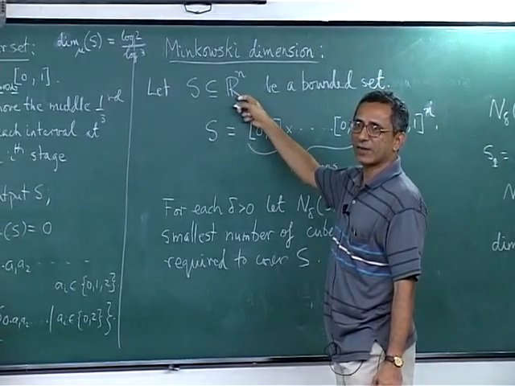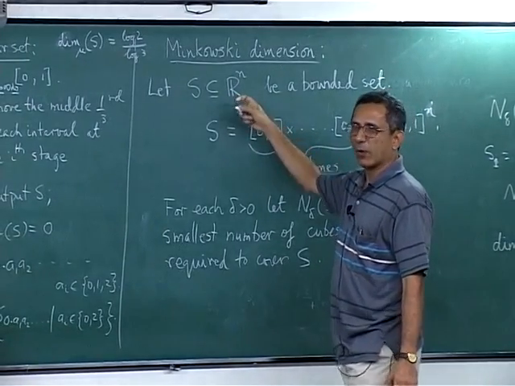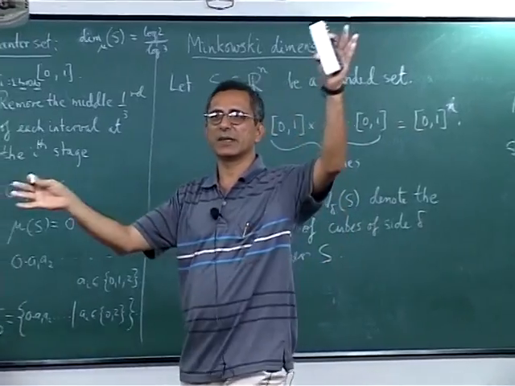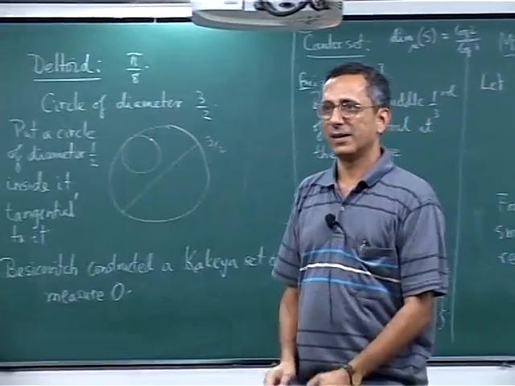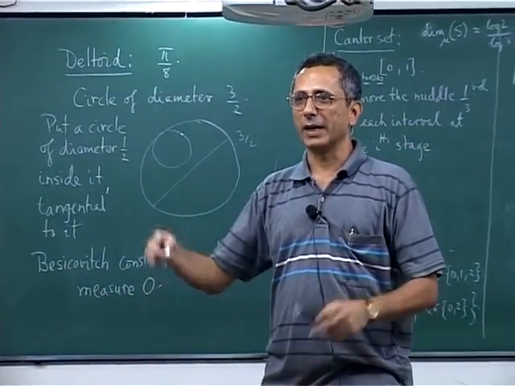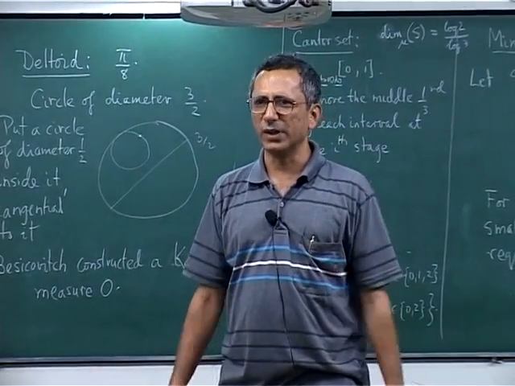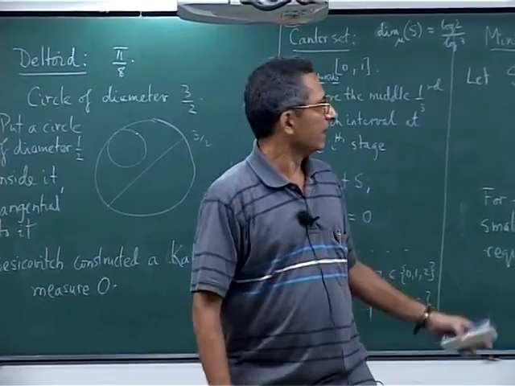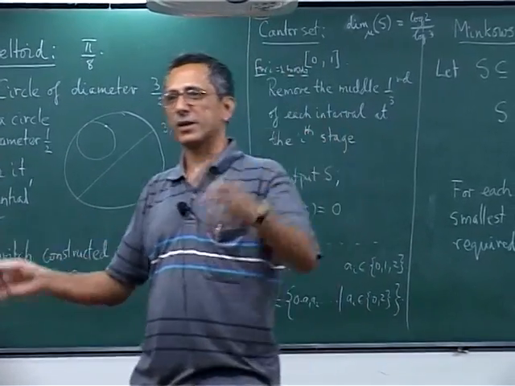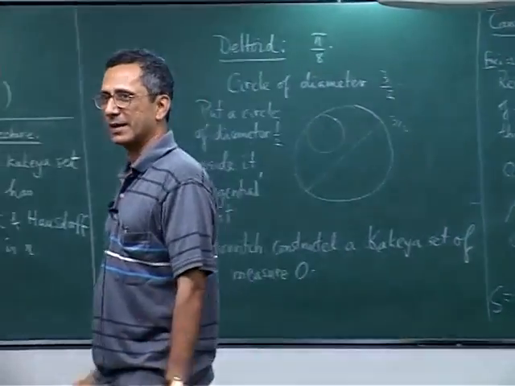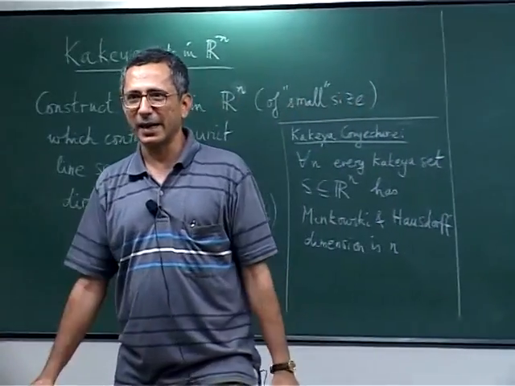You take any subset S of Rn. What is a bounded set? You can always put it inside a large enough box, [0, L] to the power n for a large enough L. Its Minkowski dimension has to be bounded by n, because a cover for the box is a cover for S, an upper bound for N delta of S.